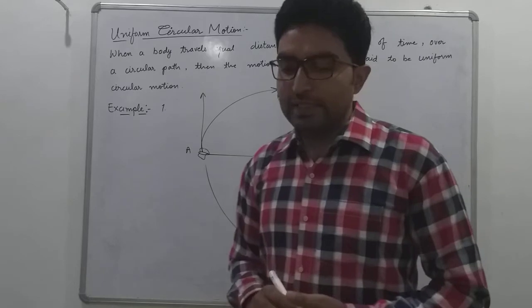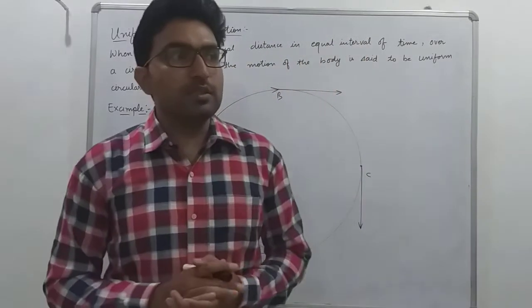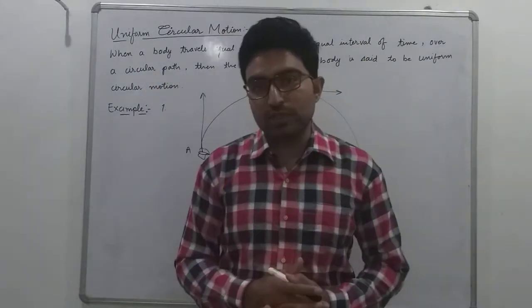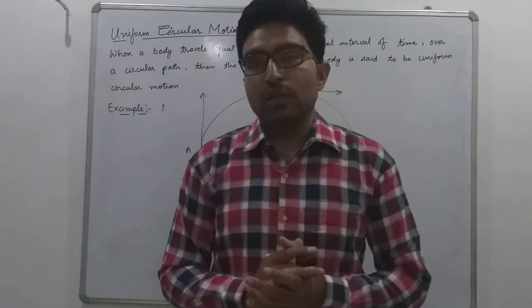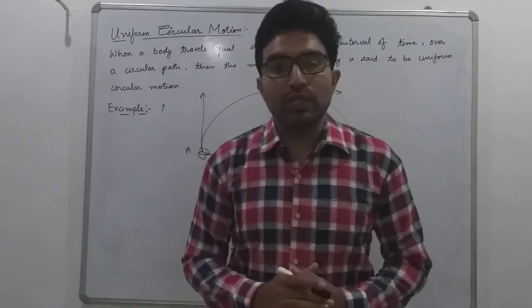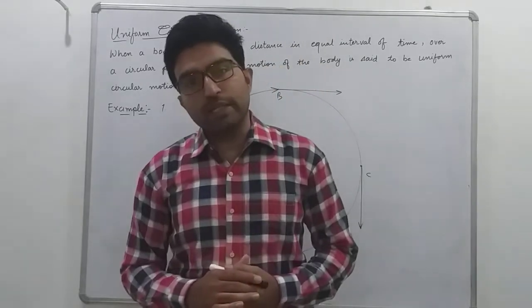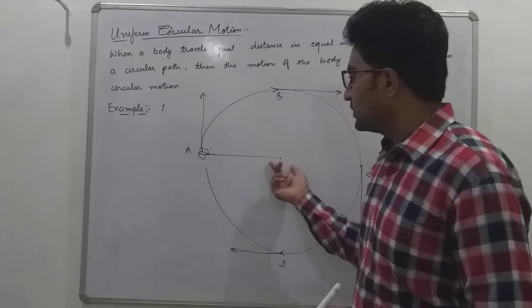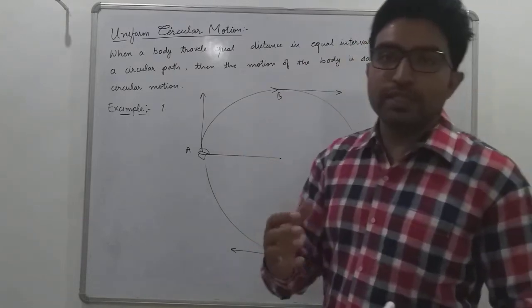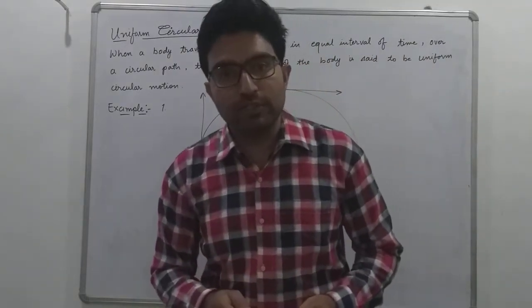Let's take another example. A natural example is our Moon. The Moon revolves around the Earth in a uniform circular motion, and the force which ties the Moon to the Earth is provided by the gravitational pull.